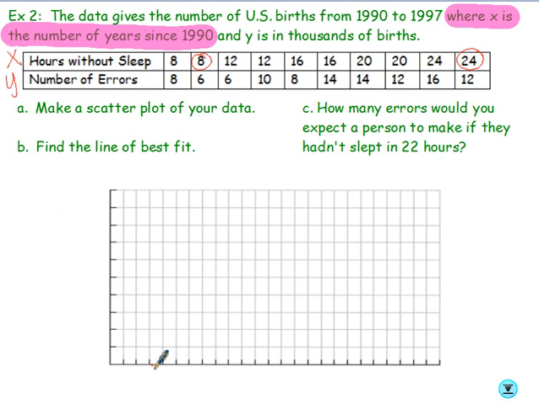And we have 1, 2, 3, 4, 5, 6, 7, 8, 9, 10, 11, 12, 13, 14, 15, 16. We already have plenty. So we are just going to count by ones. So I'm going to put my break and I'm going to put 8, and then 9, 10, 11, 12, all the way up to 24.